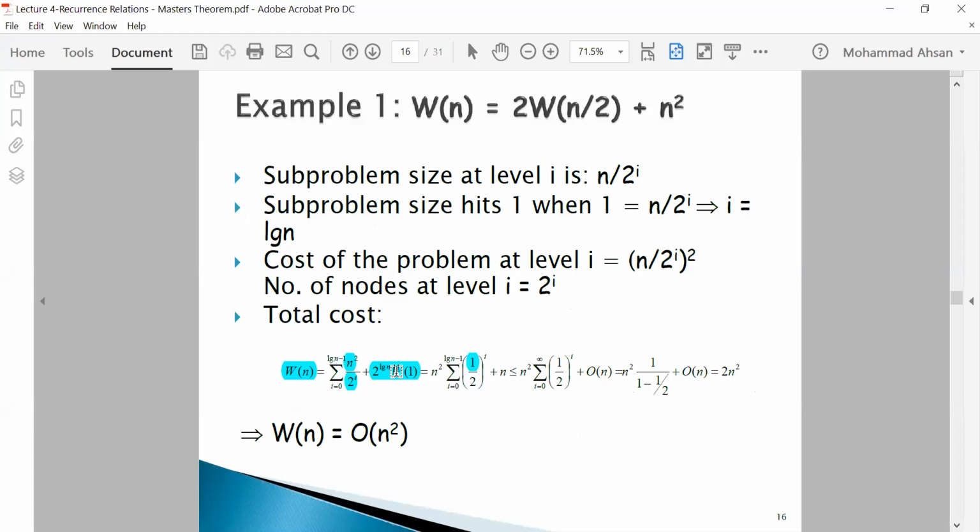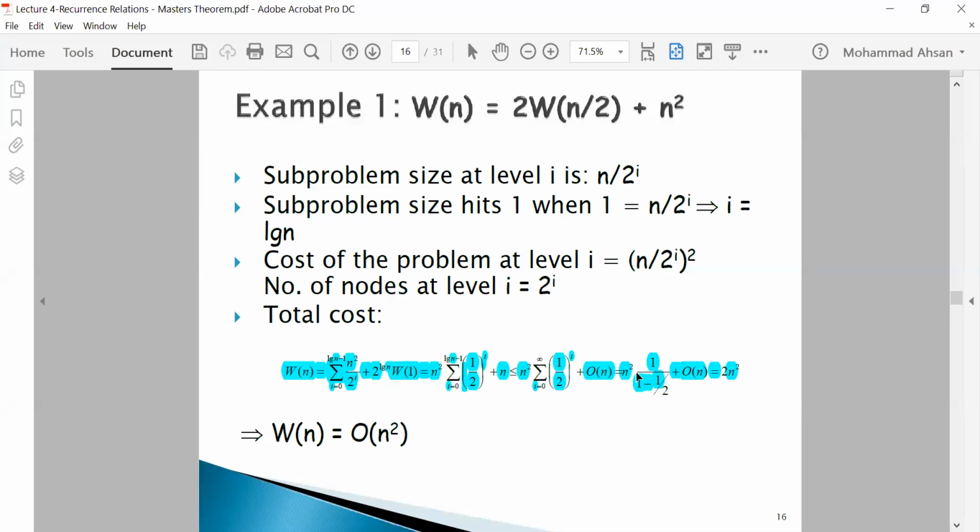You have the sum of the series n square by 2^i, where i goes from 0 to log n minus 1, plus this n times W1. You take n square outside and you have the sum of the series 1 by 2^i, which is roughly the infinite series 1 by 1 minus 1 by 2, which is 2n square, plus n.